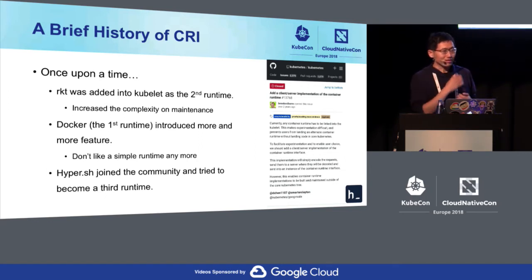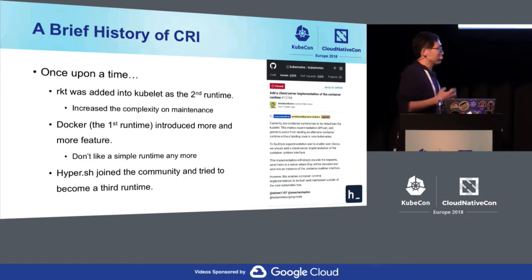And at that time we were working on making the hyper runtime compatible with the semantics of the runtime that works in the kubelet, and trying to integrate it into the kubelet. Actually, we had done the patch, but at that time, more and more people were concerned that it is too complicated to add each runtime into the kubelet, and it's tightly coupled with the kubelet code.